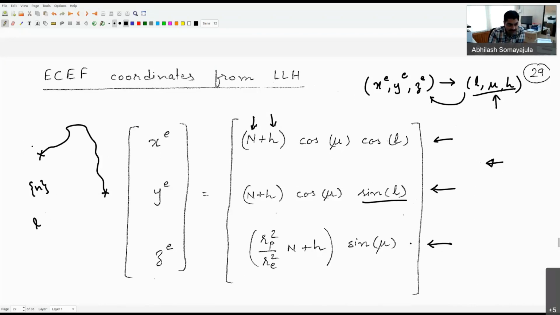Here is L1 mu1, let's say L2 mu2. I'm really not interested in calculating L1 minus L2 and mu1 minus mu2. These values don't make much sense to me unless I actually convert them into a distance, isn't it?